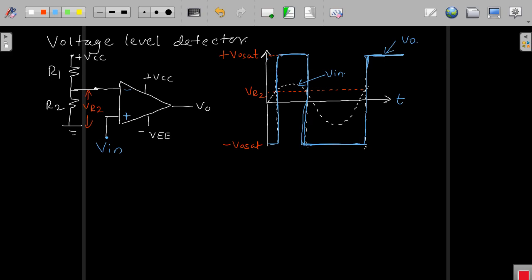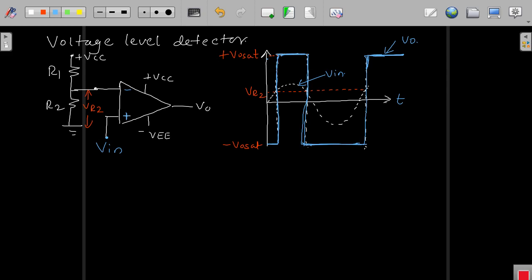Otherwise, if I connect this reference to the non-inverting terminal and give the input to the inverting terminal, this waveform would have been the other way around, right? So it would have got inversion. Now this is fine. This is an example. We will see the different configurations as well later. So as long as your V in goes above the reference voltage VR2, the output goes to the positive saturation, right?